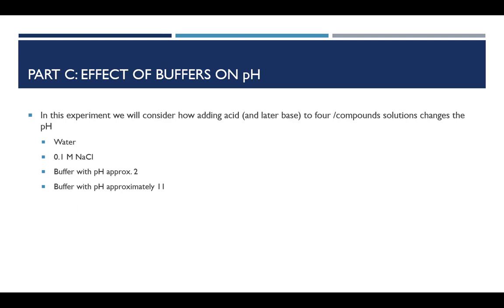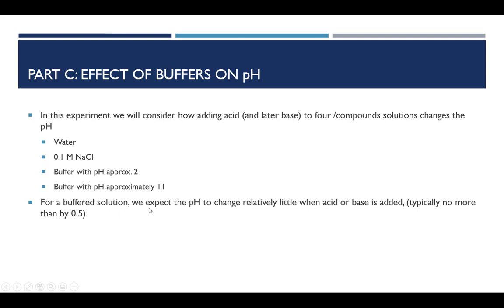Now, it should be obvious from the name that 2 of these are buffers, but we don't know just yet if water is a buffer, although you could probably make a very good guess about that. And you probably don't know if sodium chloride is going to create a buffer. So what we are going to do is we will test those solutions and see if those act as buffers or not.